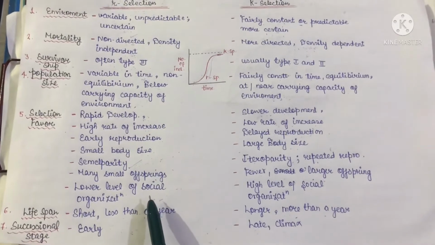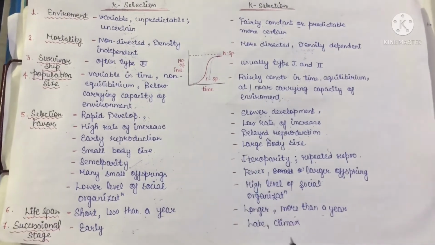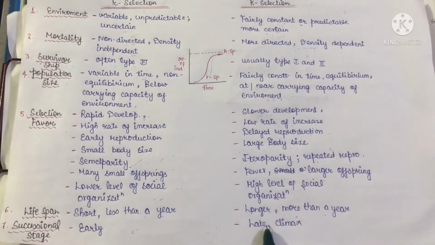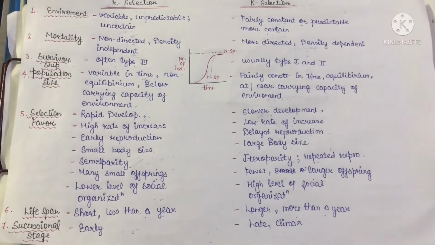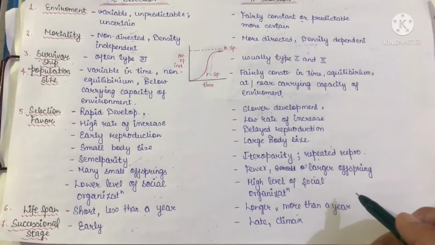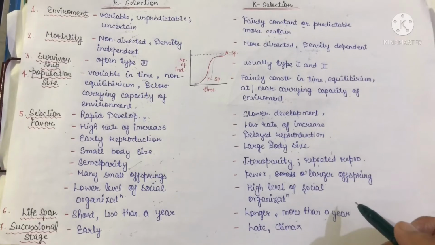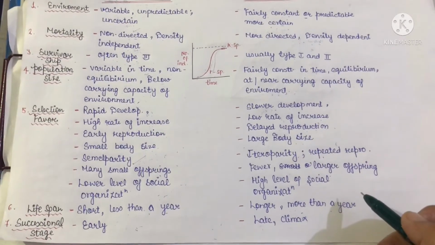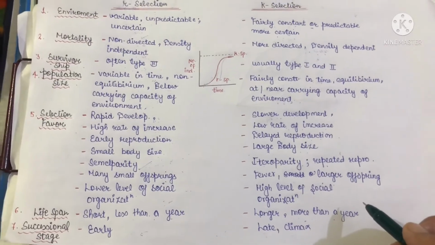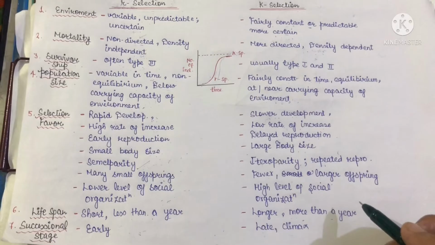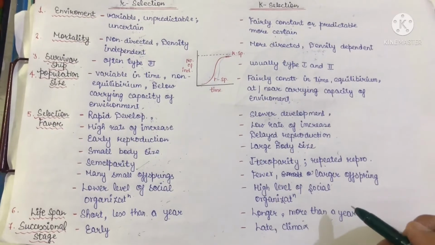Means the R selected species does not go through many developmental stages, as it has a very short lifespan. But the K selected species go through the developmental stages, as we already studied in the case of succession, in forest, where we study the successional changes in the environment during the formation of new species of any grass.